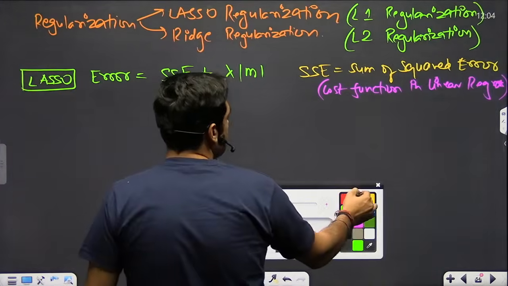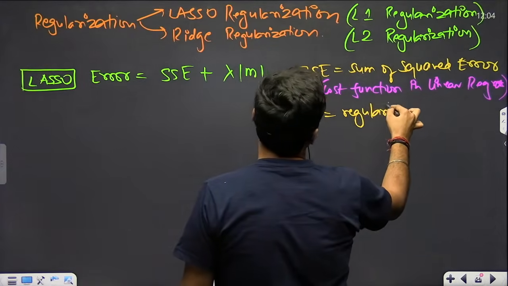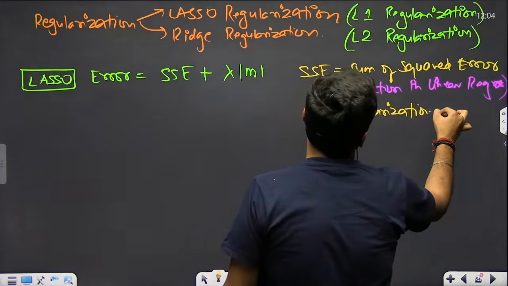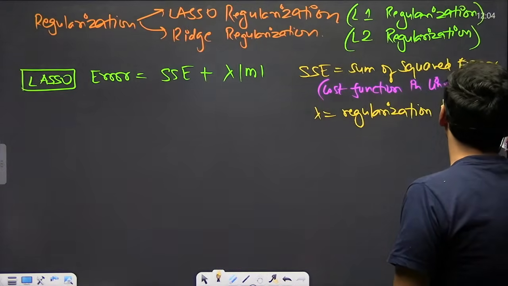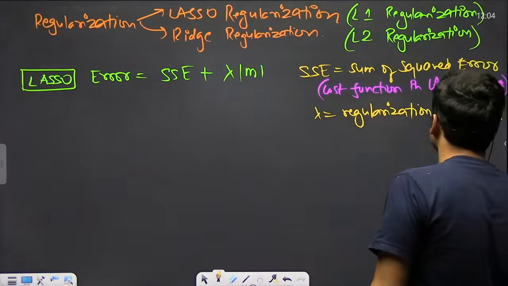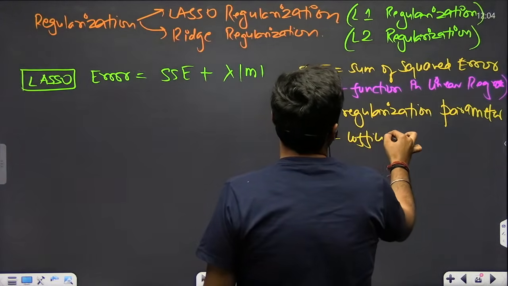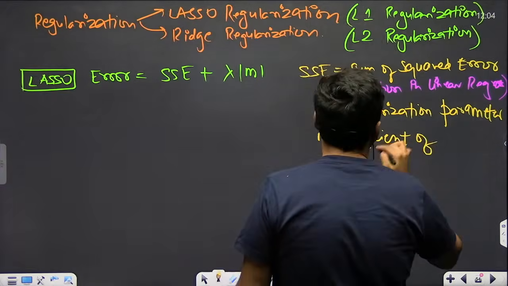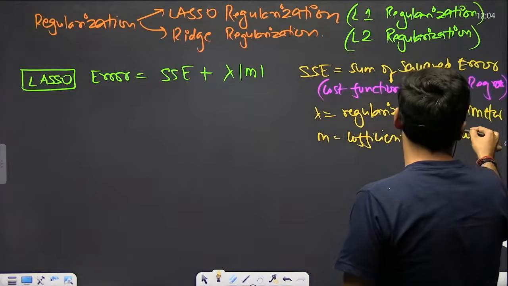What is lambda? Lambda is the regularization parameter, and this would be given to you in the question. And what is m? The coefficient of the feature.